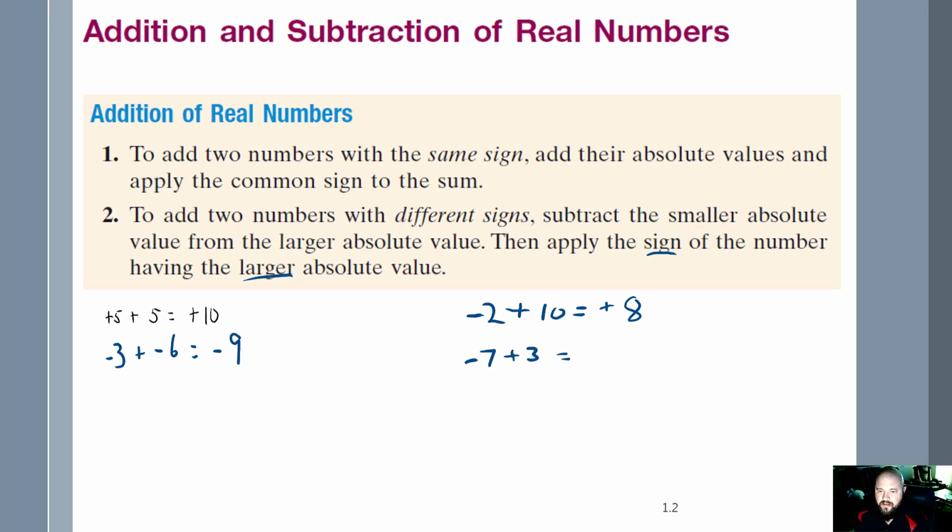You take the larger value, subtract the smaller value, so 7 minus 3 is 4, but the sign of the larger number is negative, so negative 4. Like with this one, it's like you need $7, your friend gives you 3. How much do you still need? You still need 4, so you're still 4 in the hole, right? That's one way I like to think of it.